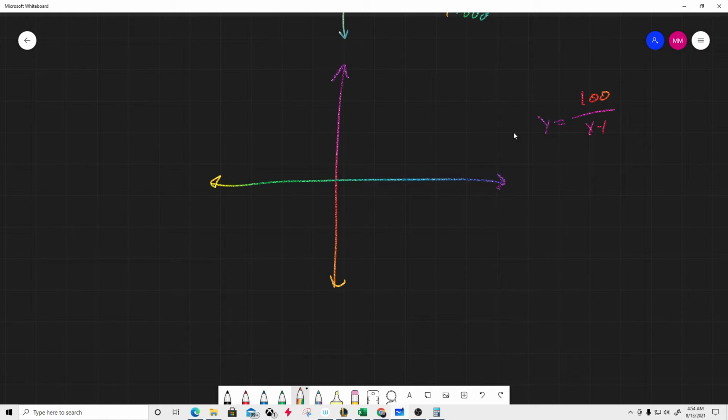And I'll show you a trick too. So y equals 100 over x minus 1. If we started to put values in here, well, 1 would be undefined. That's very important.